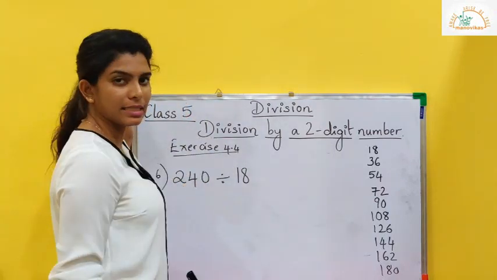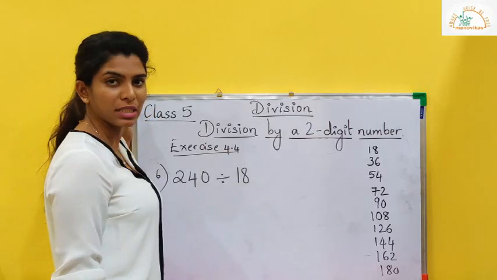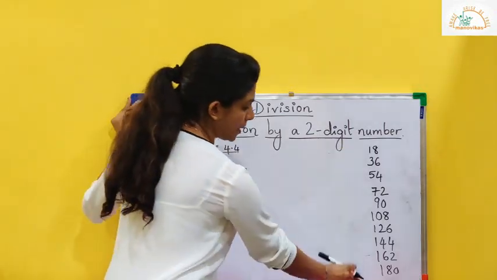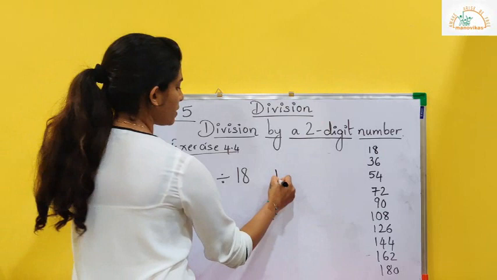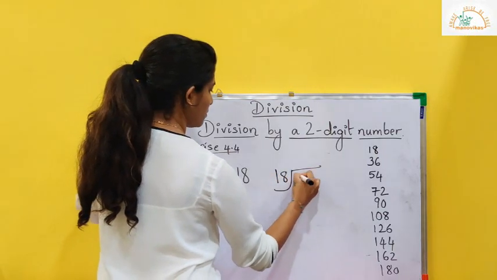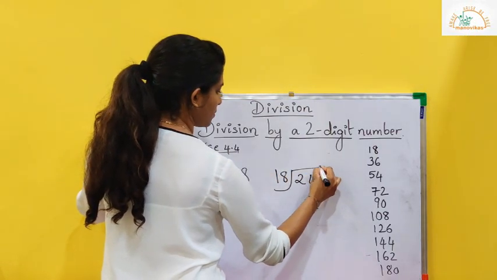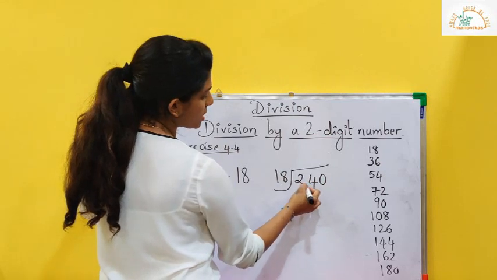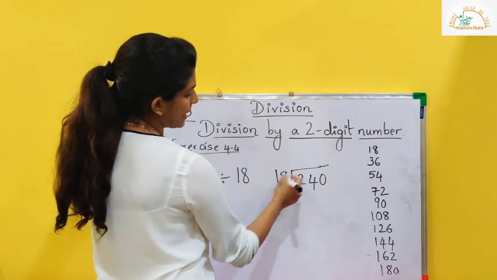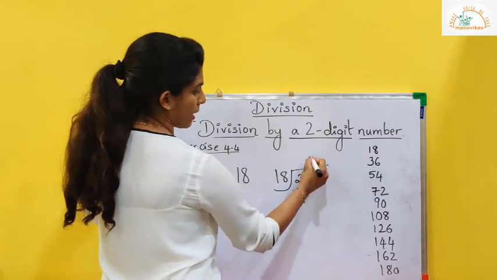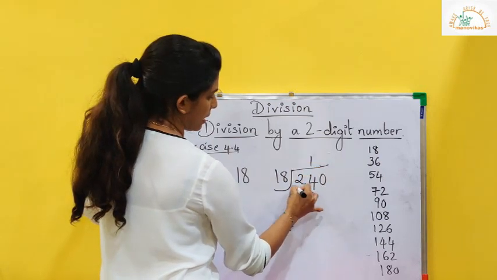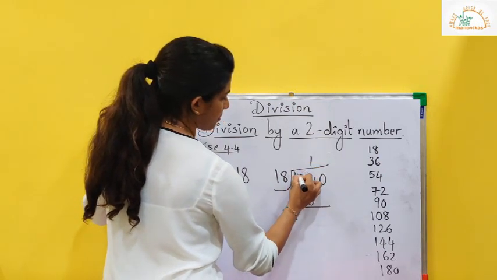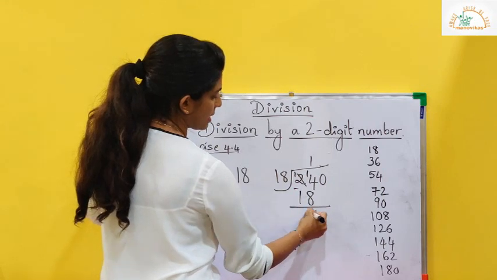Let's solve the sixth sum. 240 divided by 18. Now we have to know the 18 times table. So I have written the 18 times table here. Let's solve this now. We have to look at these 2 digits, 24. 18 2s are 36, so I write 18 1s are 18. 14 minus 8 is 6.